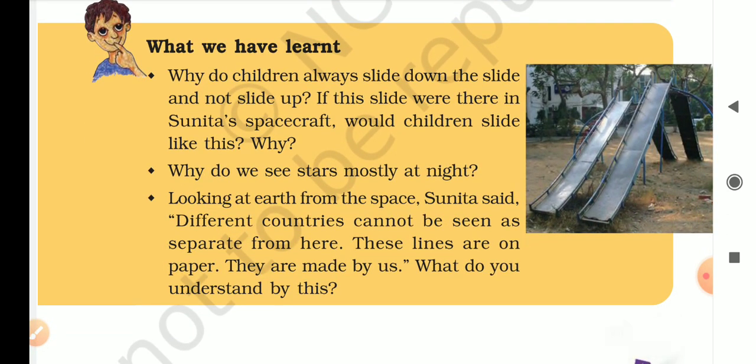What we have learned: we have already discussed the history of Sunita Williams, her dreams and her training also. This is going to be the conclusion part of this lesson.